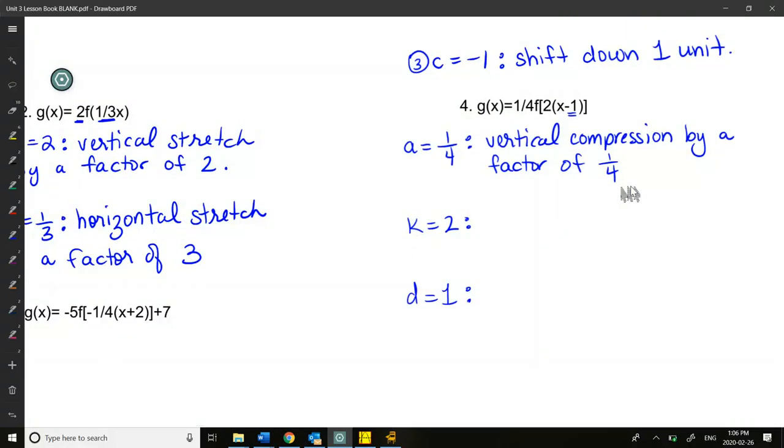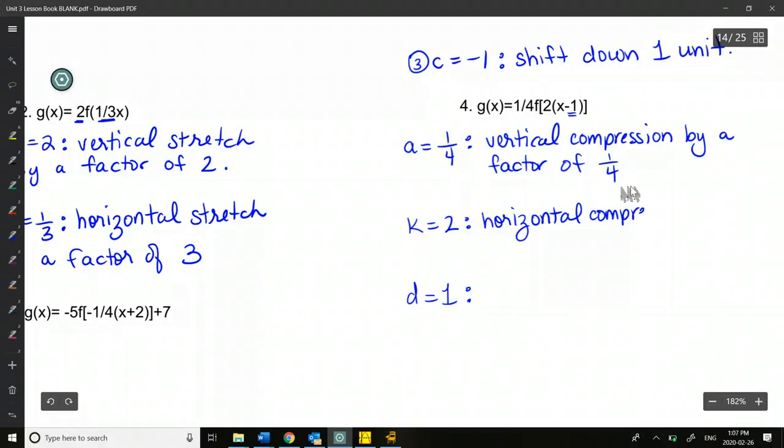Want to do the next one? Yeah, this should be a horizontal stretch. You guys agree? Oh, no, horizontal compression. Yeah, so it's kind of like the opposite of what the A value is. So you just have to remember that K is the opposite of what you expect. So this is a horizontal compression by a factor of 1/2, the reciprocal, 1/2.